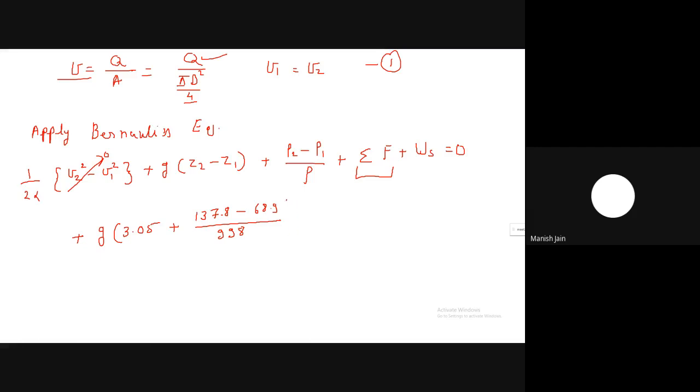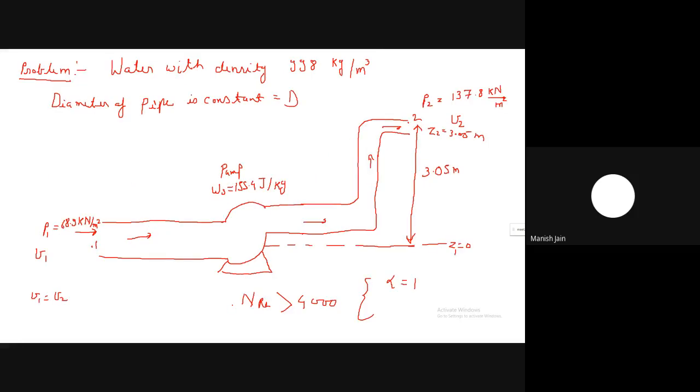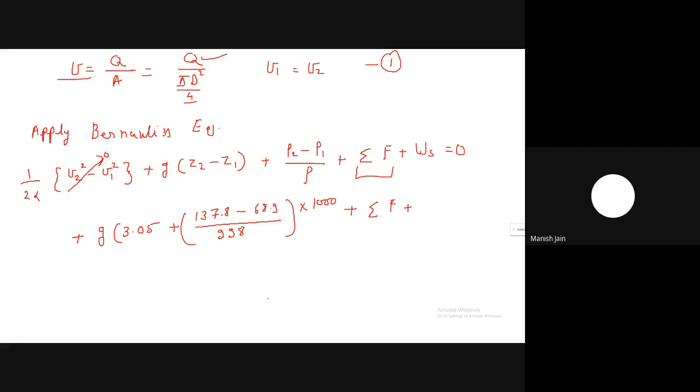That is kilonewton, so you have to convert kilonewton to newton. Multiply by 1000, plus sigma F, plus Ws. So what is the value of Ws? That is the given work done by the pump, 155.4. So Ws is 155.4.